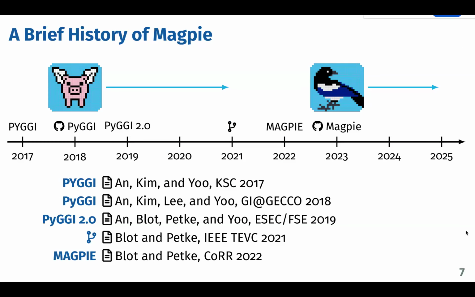Brief history. I mentioned that I was working on Piggy before, which is another Python framework. Magpie is based on Piggy. Piggy was first introduced in the Korean Software Conference in 2017, presented in the ICSE workshop in 2018. I worked on version 2.0 of Piggy in 2019, and then we added more and more stuff.